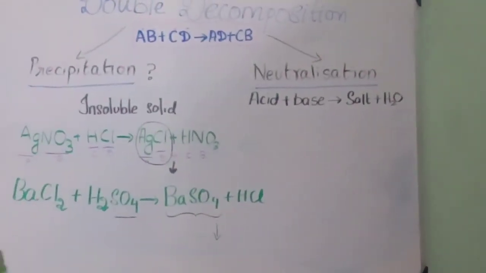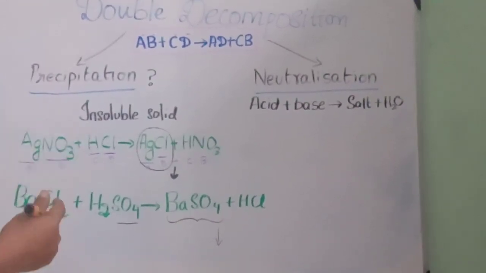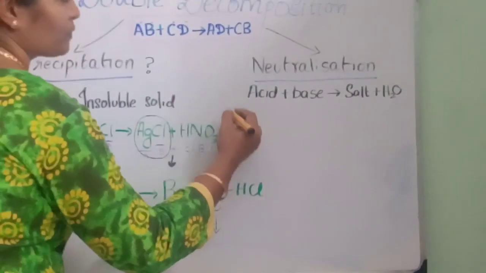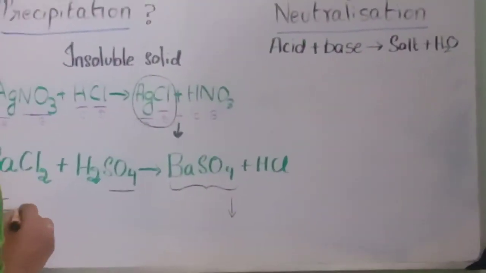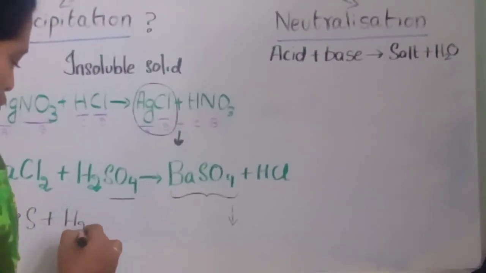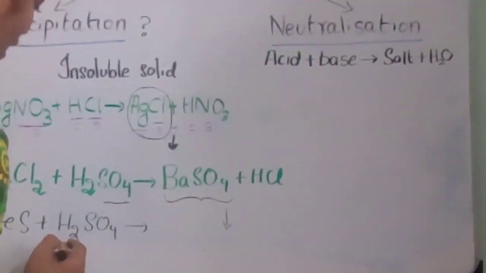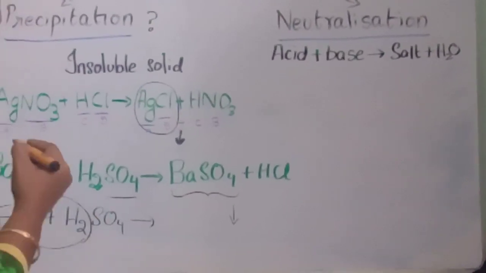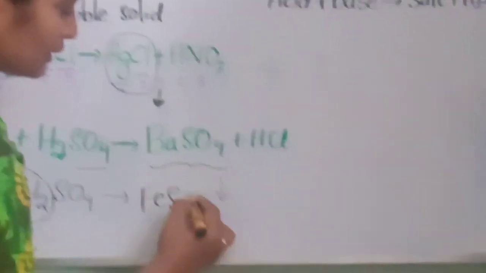A precipitation-type reaction can also occur with the release of a gas. For example, any sulfide, let us take iron sulfide. When it reacts with sulfuric acid, hydrogen sulfide is released with the formation of ferrous sulfate.